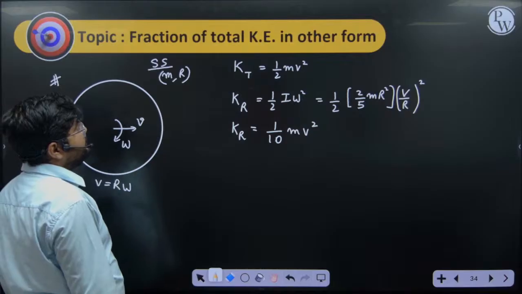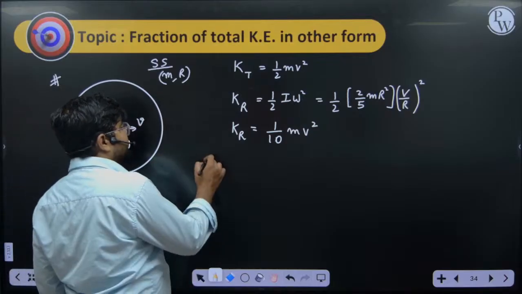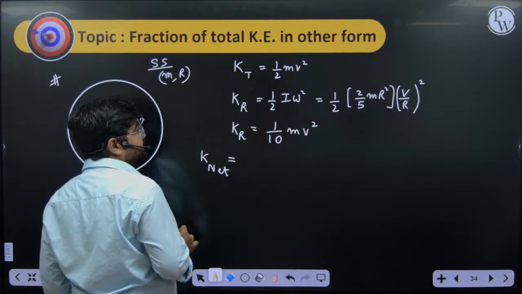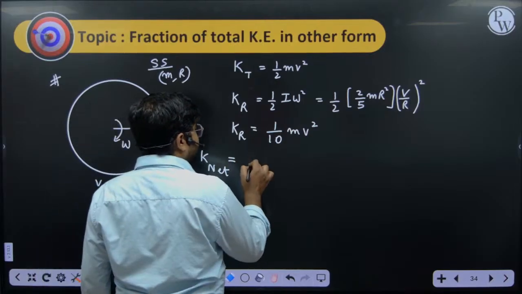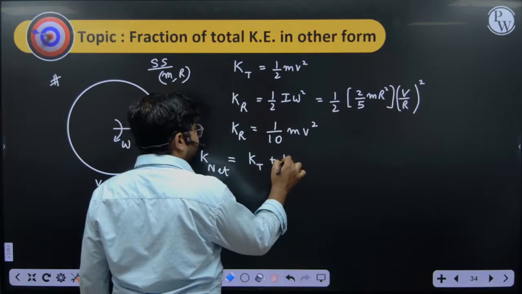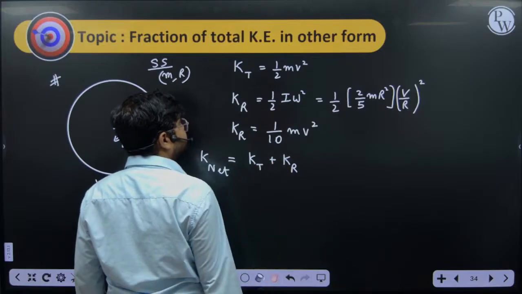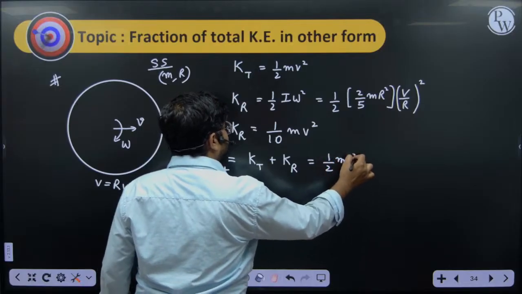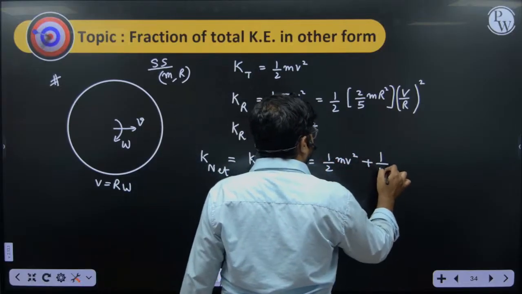So fraction of total energy. What is the net energy first of all? The net energy will be translational plus the rotational energy. So half mv square plus 1 by 10 mv square.